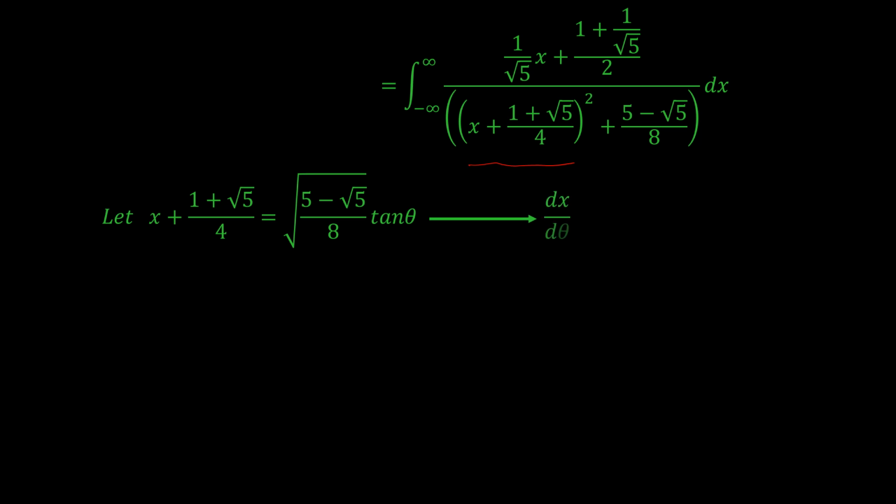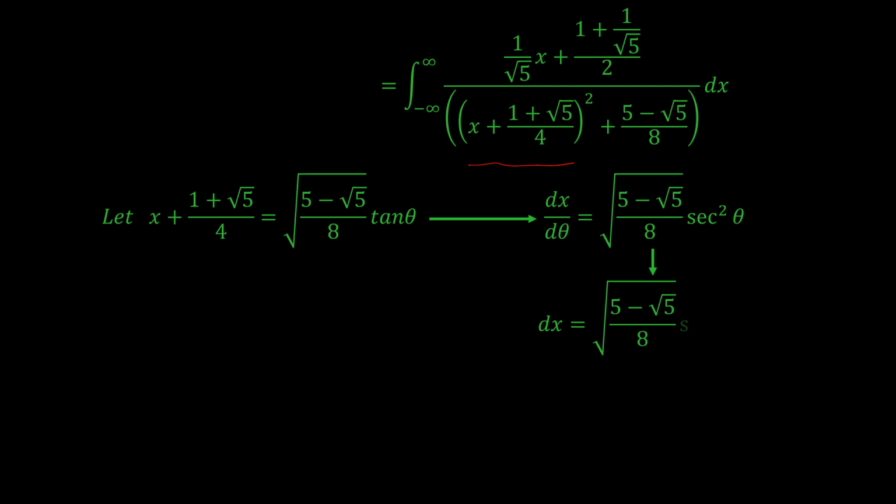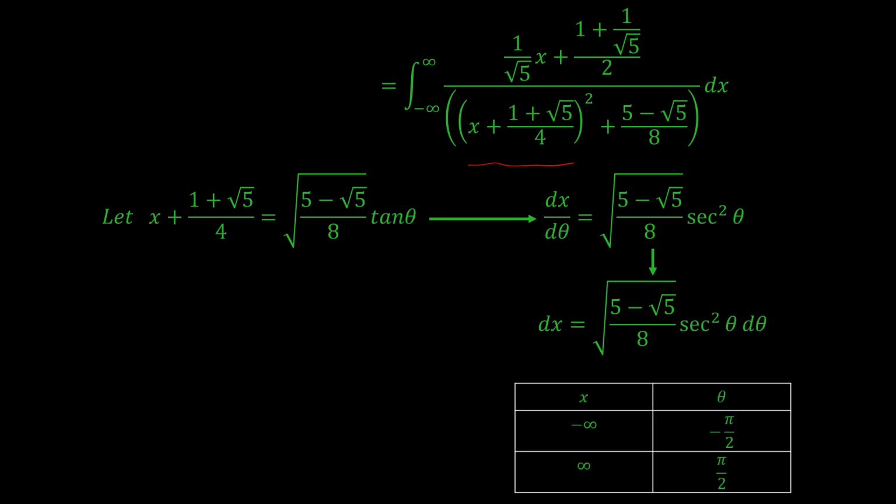And so dx d theta is the same as square root of 5 minus root 5 over 8 sec squared theta. So we can substitute dx with square root of 5 minus root 5 over 8 sec squared theta d theta. And then the limits: as x tends to negative infinity, theta tends to negative pi over 2. As x tends to positive infinity, theta tends to pi over 2.